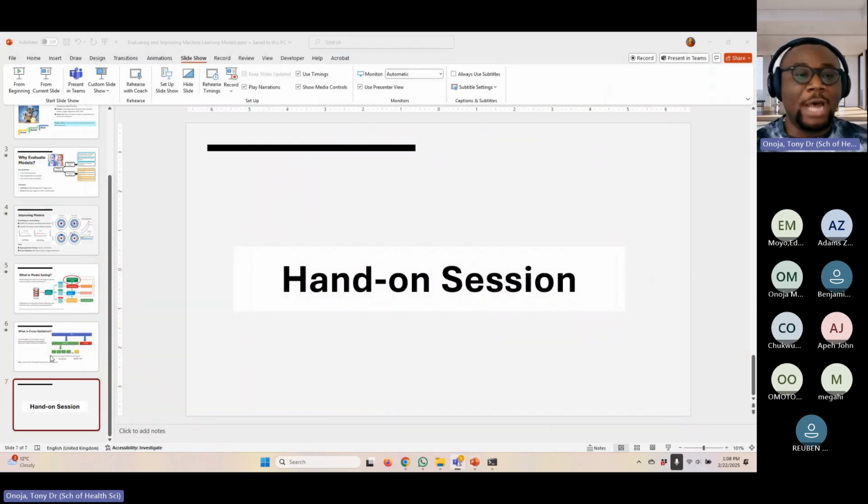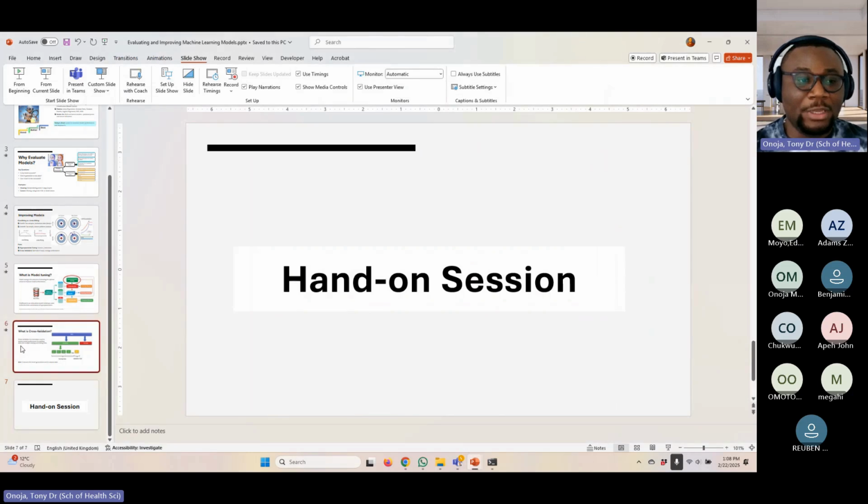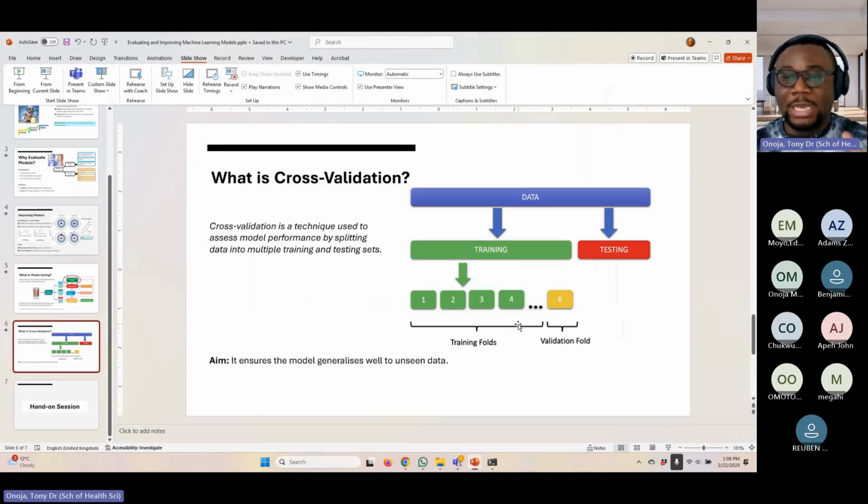No. In cross validation, the final testing you only do once. You don't make it inside the cross validation. You keep that one separately. But within each fold of the training, you split it into a training and a testing part.